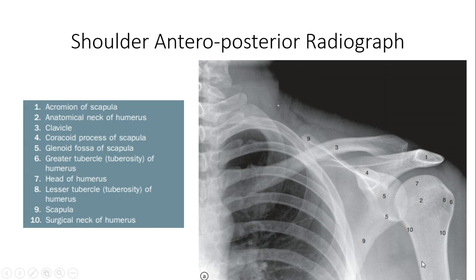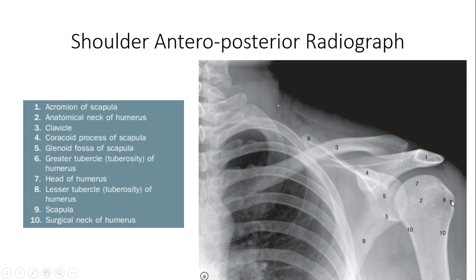Upper end of the humerus on AP view, you see this is the head of the humerus, and this is attached with the rest of the shaft, and this line is called the anatomical neck of the humerus, which attaches the head of the humerus with the rest of the bone. Two bony projections are seen.